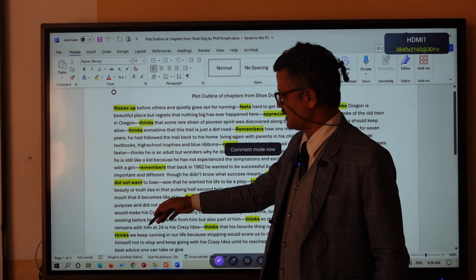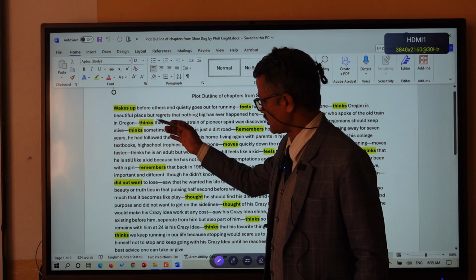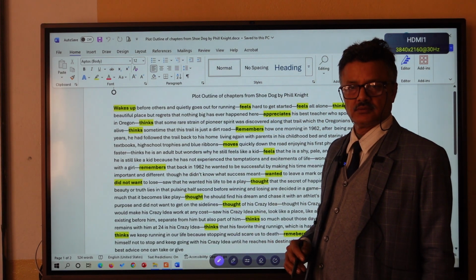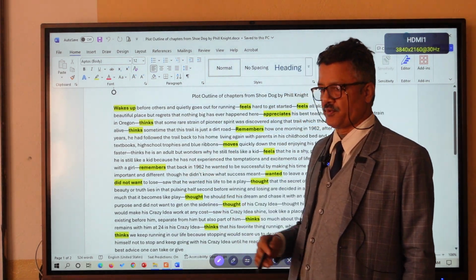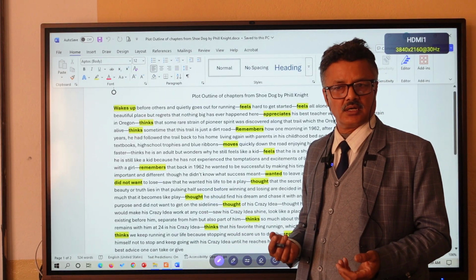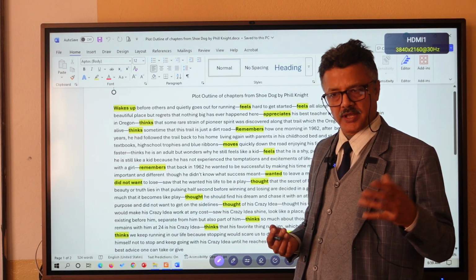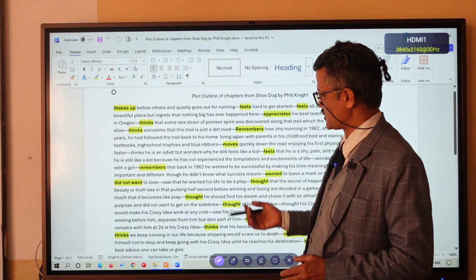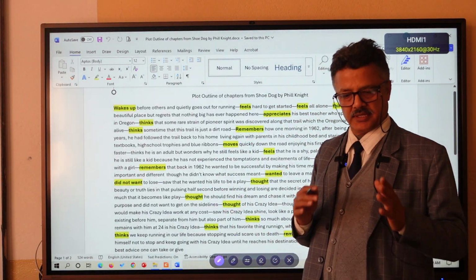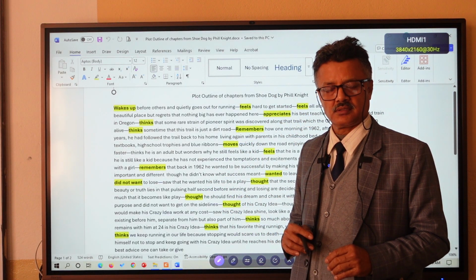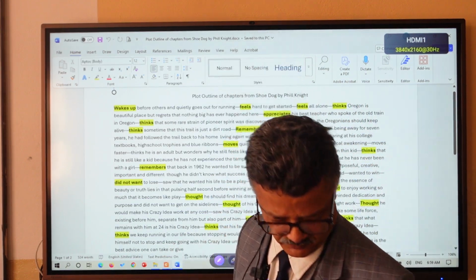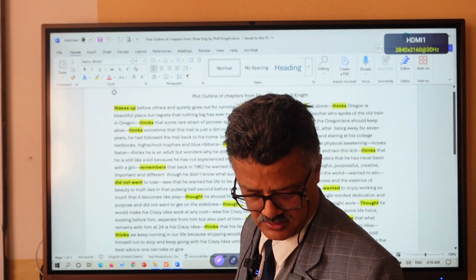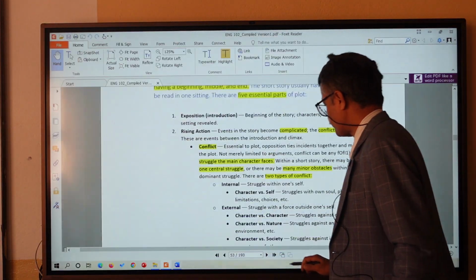It's early morning, it's Portland, Oregon, it's dawn, before birds wake up, before people wake up. It's maybe dark or semi-dark, right? Exposition is background.